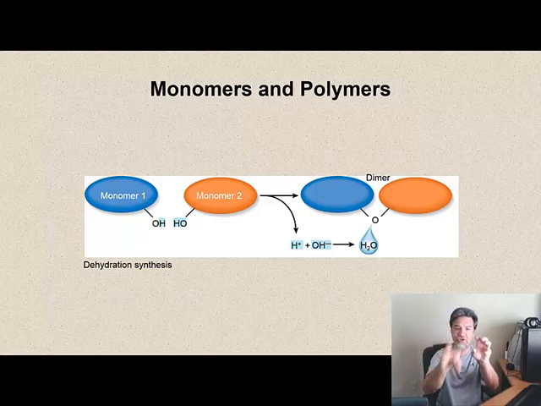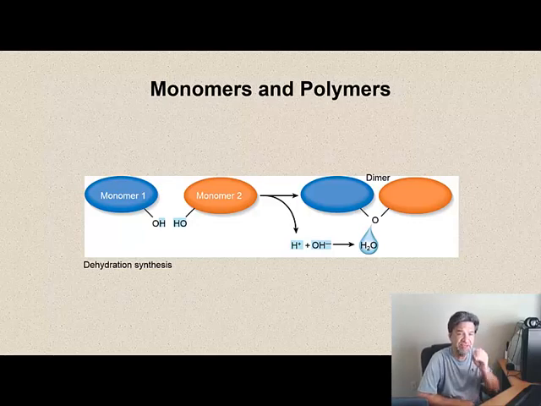So we can start to hook up some energy-poor molecules, dump energy in there, and we will form these larger energy-rich molecules, because now the bond that holds these energy-poor molecules together have lots of energy in them, making this bigger molecule energy-rich. This is called a polymer.